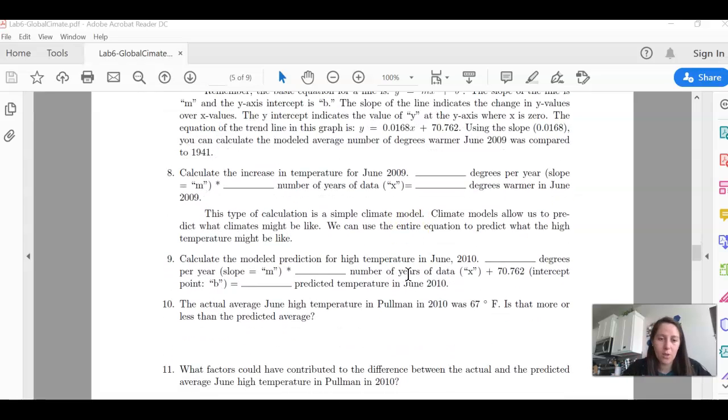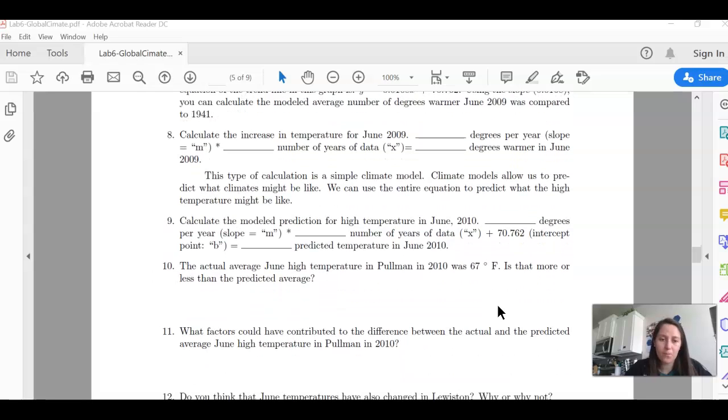Okay, good. This type of calculation is a simple climate model. Climate models allow us to predict what climate would be like. We can use the entire equation to predict what the high temperature might be like. Now I'm asking you to calculate the model prediction for high temperatures in June of 2010.